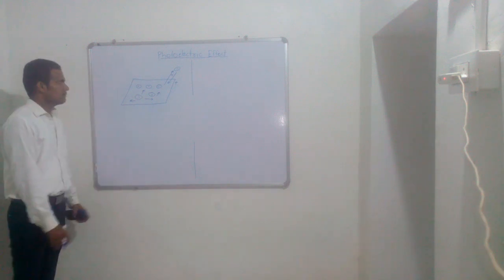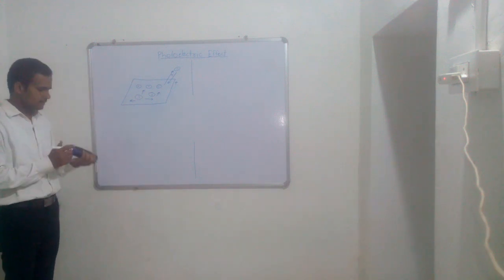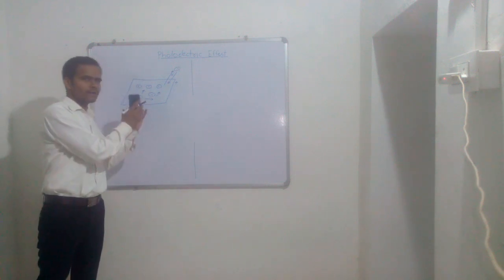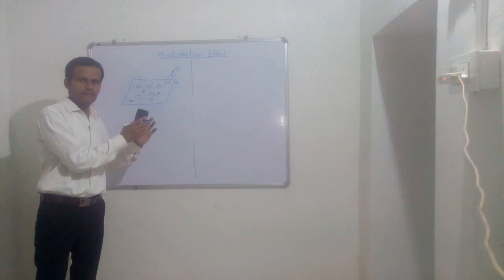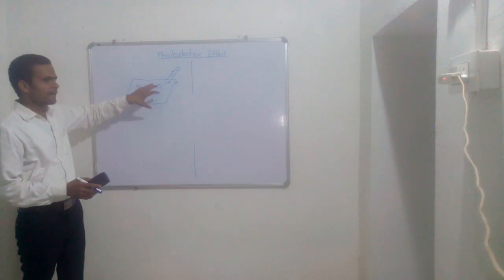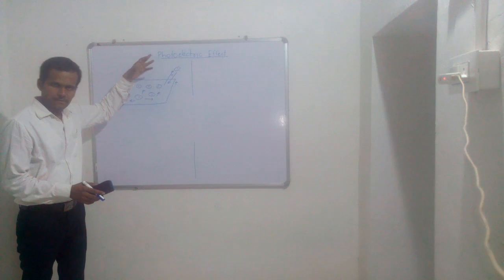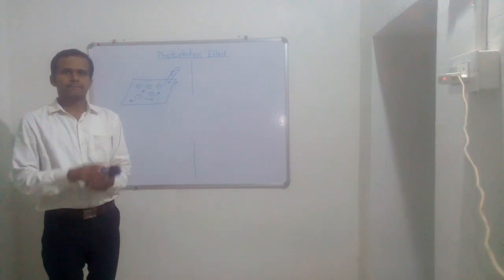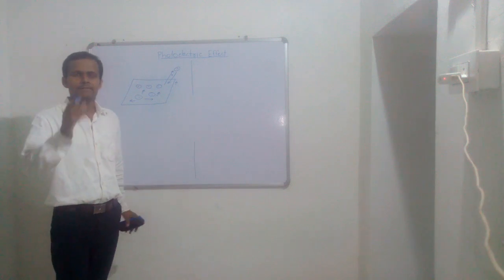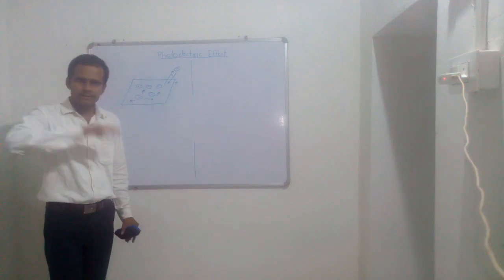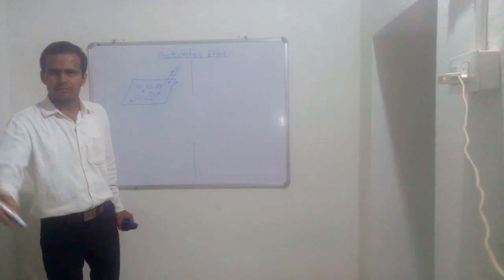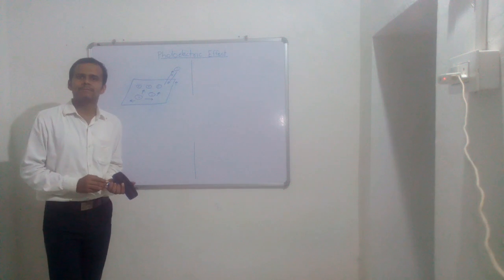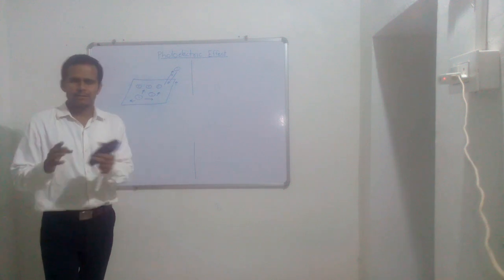Now from this we can say, if we provide the required amount of energy to the electrons of a metal, then electrons can be ejected from this metal. The minimum energy required by an electron for the emission or ejection from the metal is known as the work function. Now what is work function?